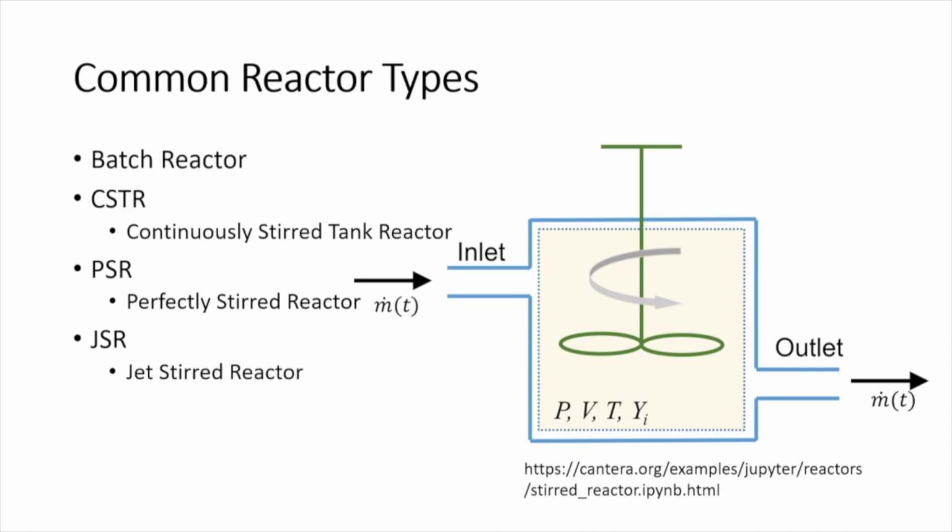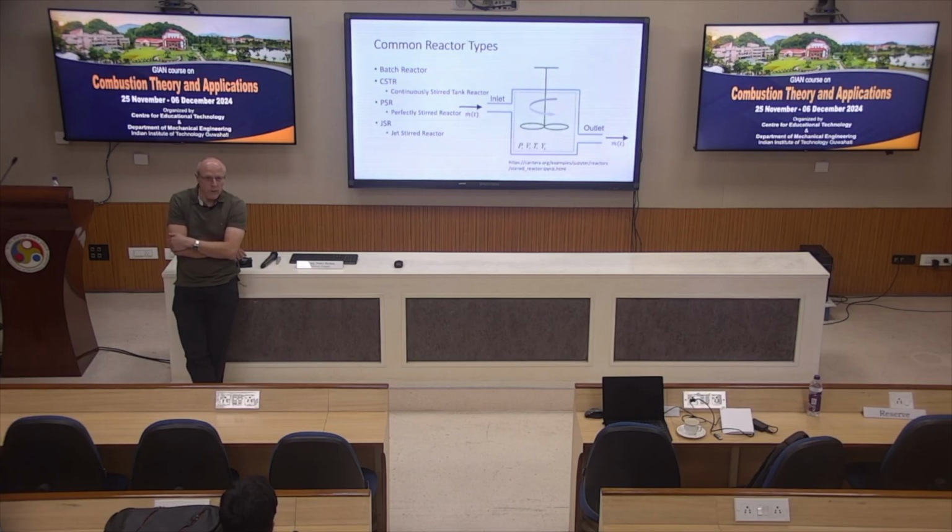So a specific defined inlet flow with specific mixture composition, temperature, and pressure enters your vessel. Chemistry takes place, and then depending on your reaction and temperature and so on, you have a specific outflow.